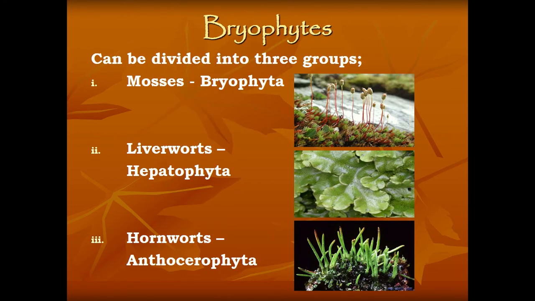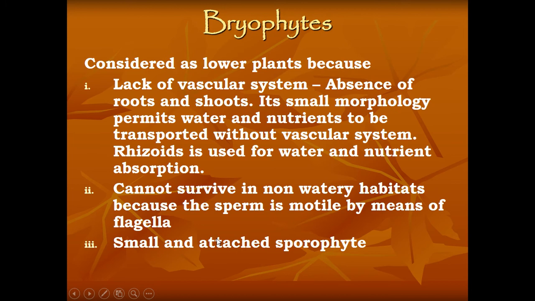So first, bryophytes, the non-vascular plants group. They can be divided into three phyla: the mosses, liverworts, and also hornworts. Bryophytes are considered lower plants because they lack a vascular system, meaning an absence of roots and shoots. Their small morphology permits water and nutrients to be transported without a vascular system, and they use rhizoids for water and nutrient absorption.